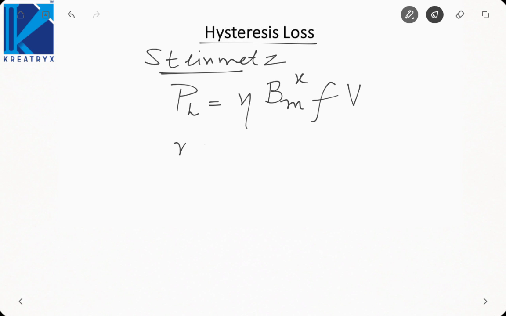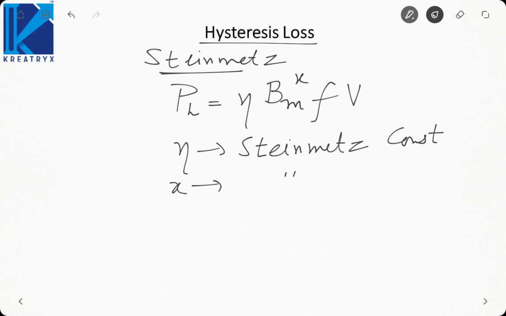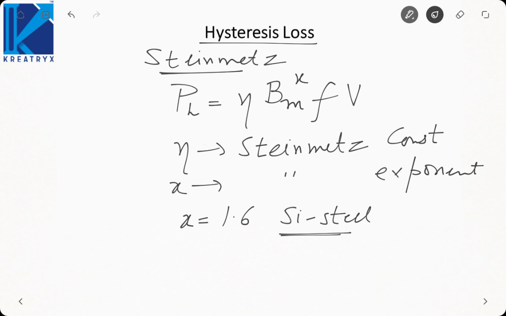So eta is called the Steinmetz constant, x is called the Steinmetz exponent, and this x depends on the type of material being used. Like x is equal to 1.6 for silicon steel or CRGO steel. x will be taken as 1.6.